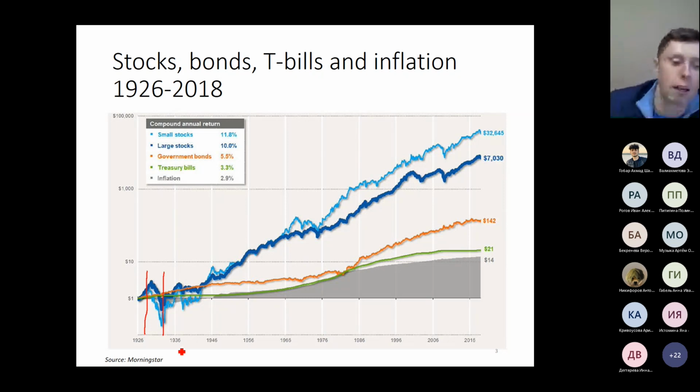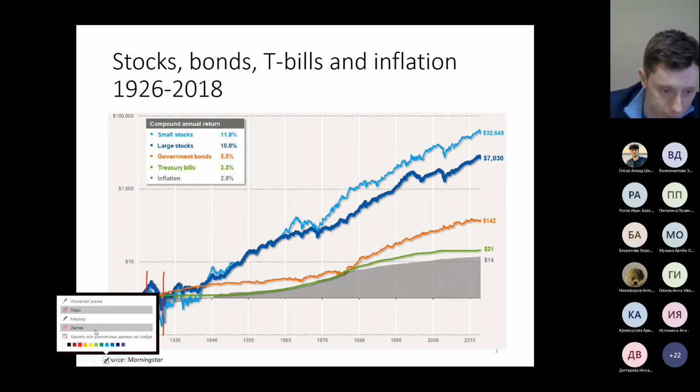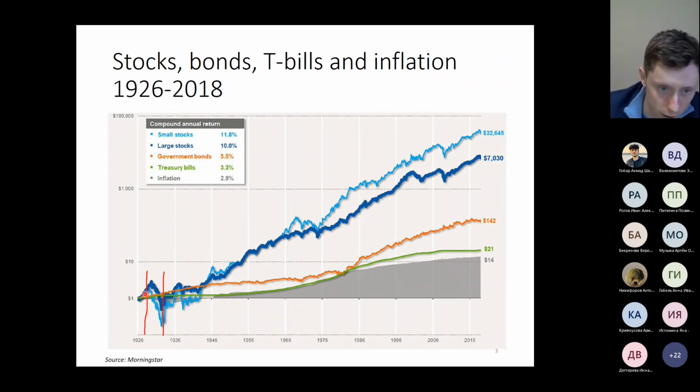And we see that the government bonds during that period grew quite stably. As you remember, state bonds are the least risky asset, and the return there is known in advance. The only thing that can happen is a default, when the bondholder is not able to service the debt. But when we talk about states, it is a rare case. So mostly we are quite certain of the cash flow that we receive.